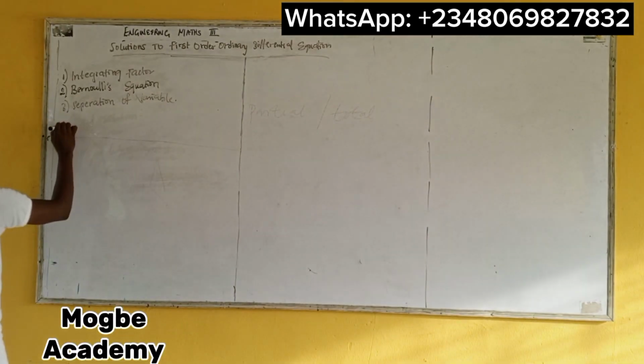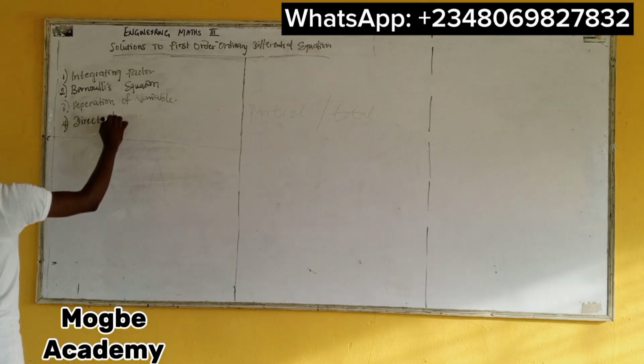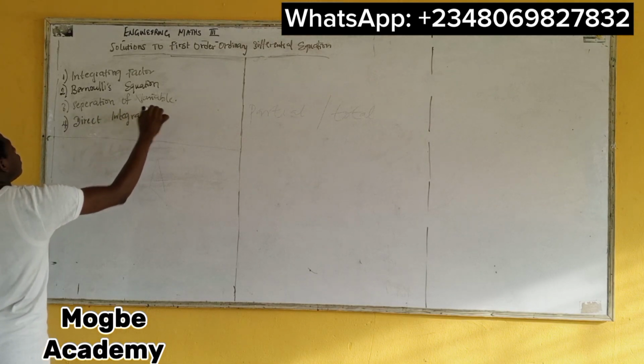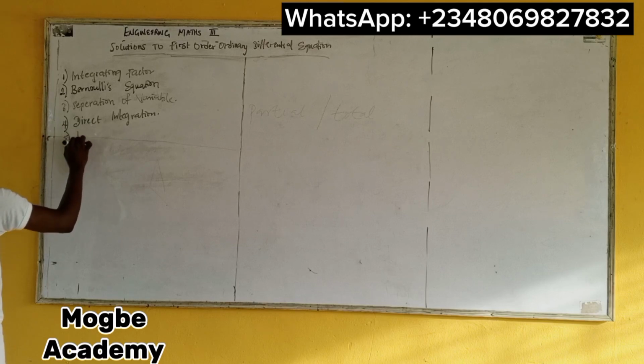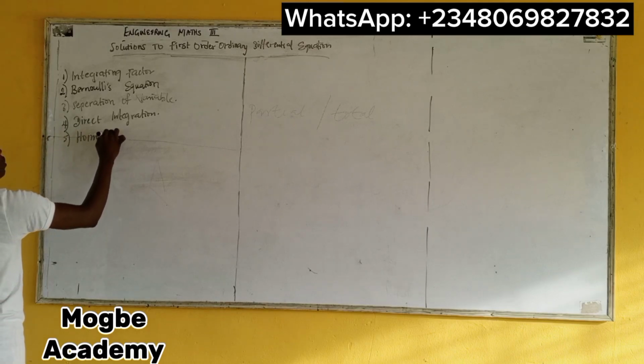The fourth one is what we call direct substitution or direct integration. The fifth one is what we call the homogeneous method.